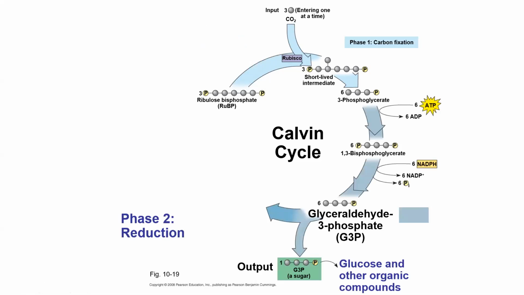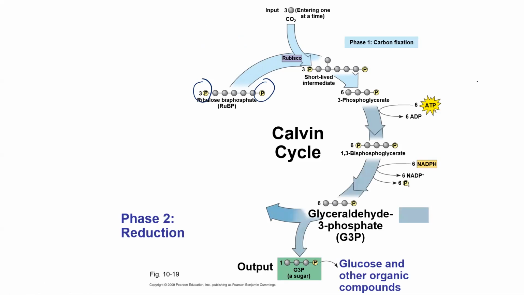There's a few more things happening now, right? This thing starts off with phosphates on it, so it's energized. So that compound is already primed and energized. And when it's broken down into 3-phosphoglycerate, it's ready to absorb even more energy.